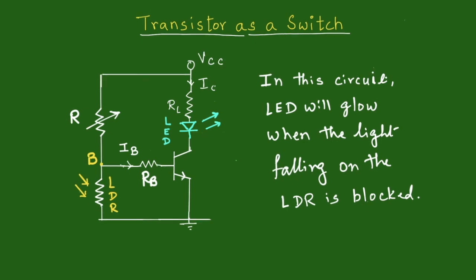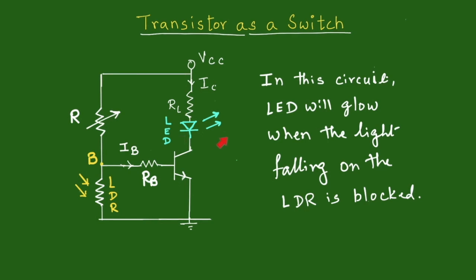These kinds of circuits can be used as burglar alarms by replacing this LED by an optocoupler, where the photodiode of the optocoupler is placed in place of the LED and the phototransistor of the optocoupler operates the siren circuit, which will be completely isolated from this transistorized switch circuit.